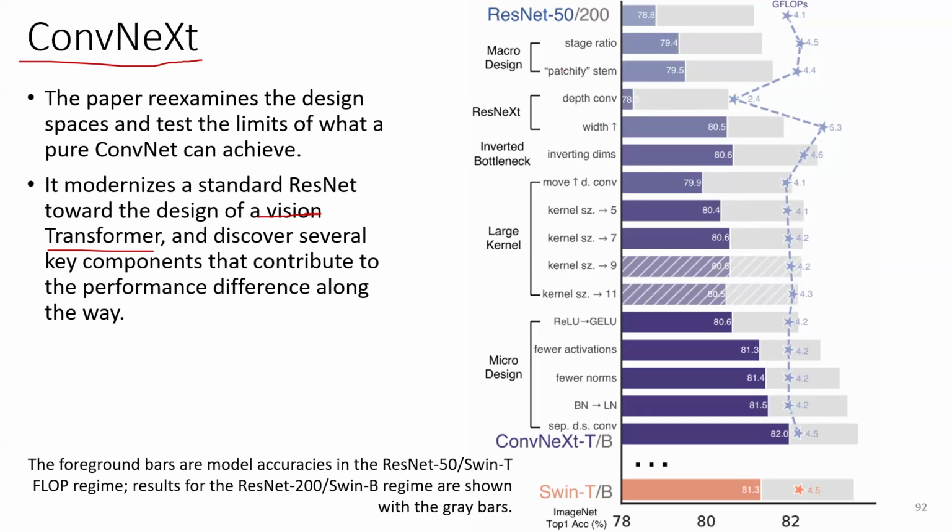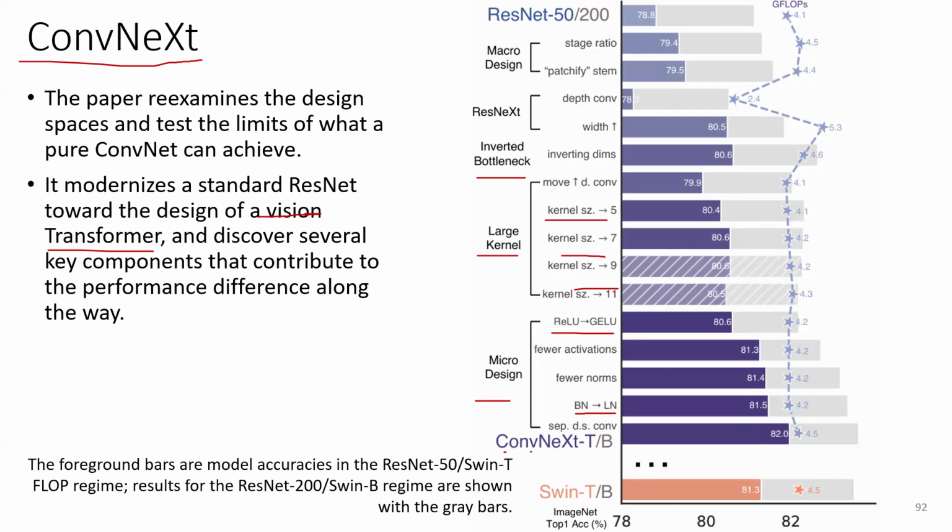For example, they had inverted convolutional block, large kernel, micro design, ReLU to GeLU, these kind of activation functions, batch normalization to layer normalization, kernel size 5, 7, 9, all these things they experimented. I think they also had a lot of computational power.